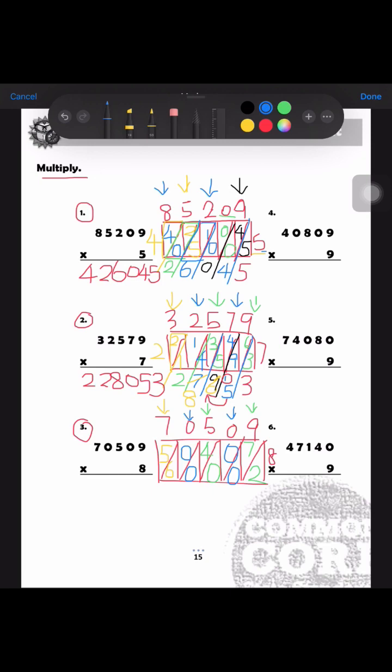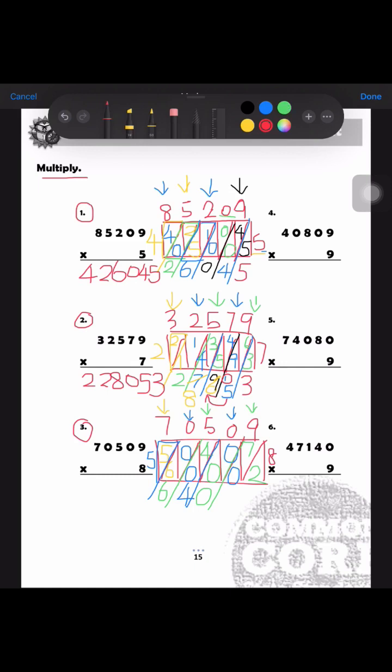And then we add the numbers down the diagonal strip. So this area is 5. And then next, 0 plus 0 equals 0, of course. And then 4 plus 0 equals 4. And then 0 plus 0 equals 0.